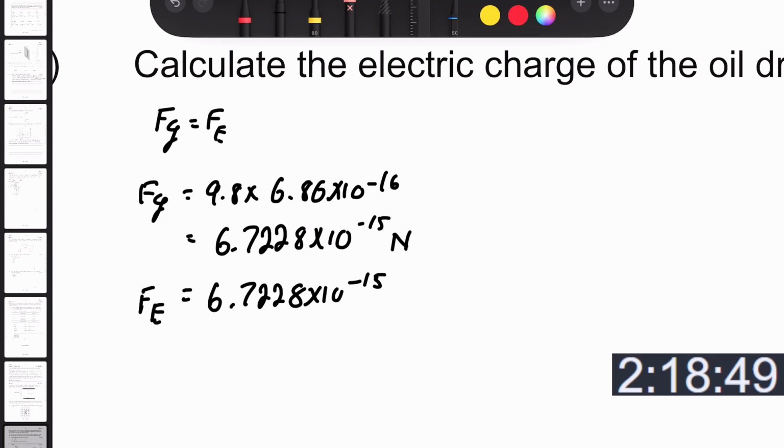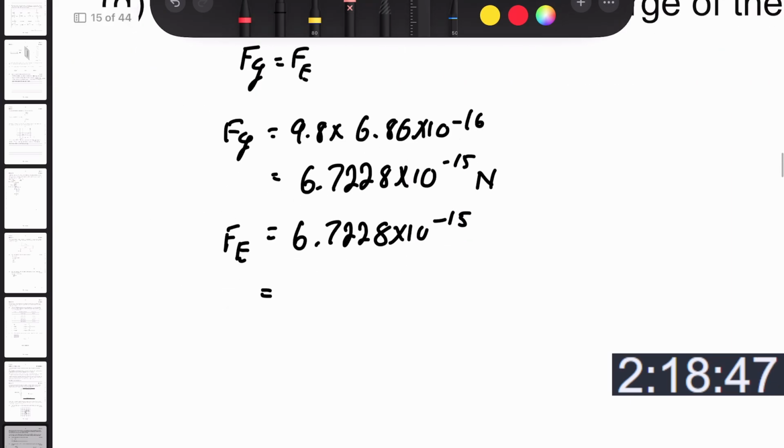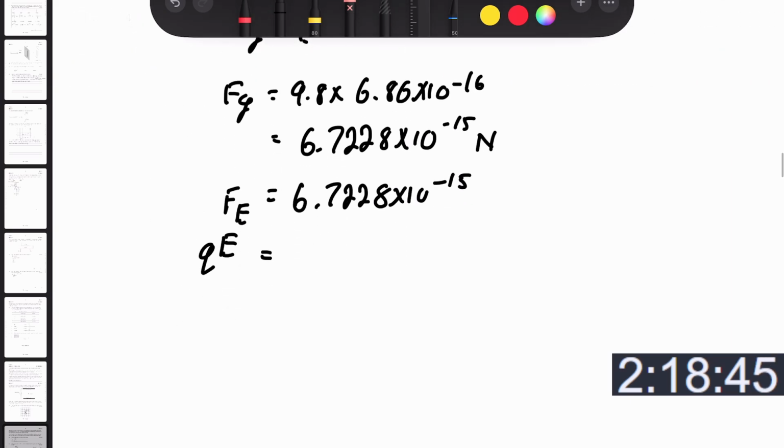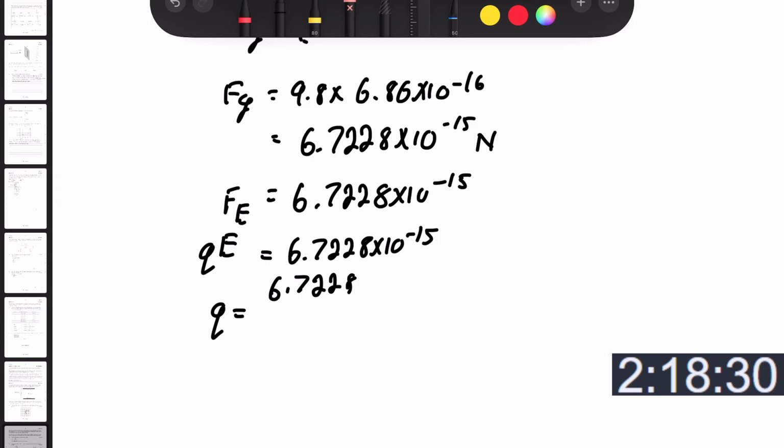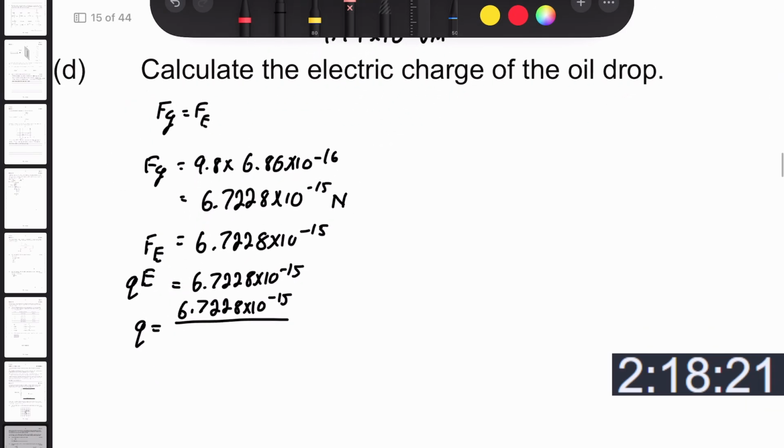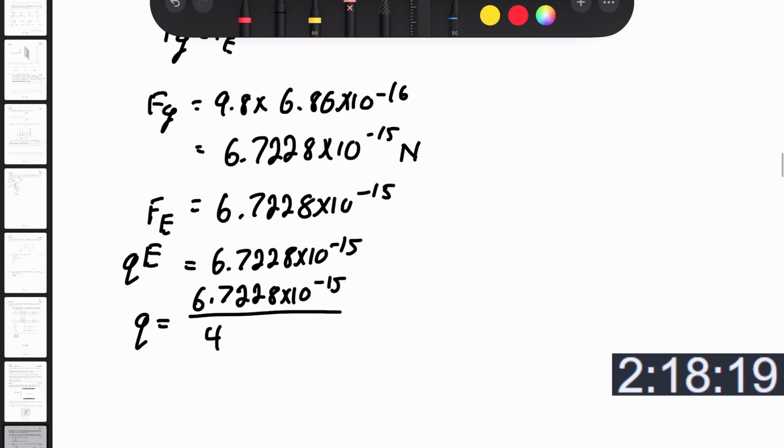So then F equals QE. I'll say that QE equals 6.7228 times 10 to the negative 15. So Q equals 6.7228 times 10 to the negative 15 all over 4.49 times 10 to the power of 4.